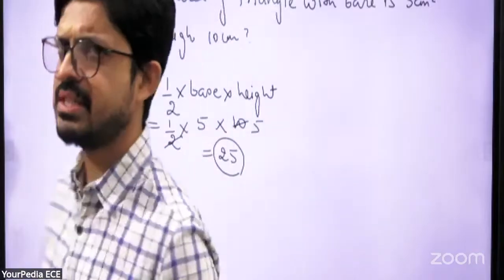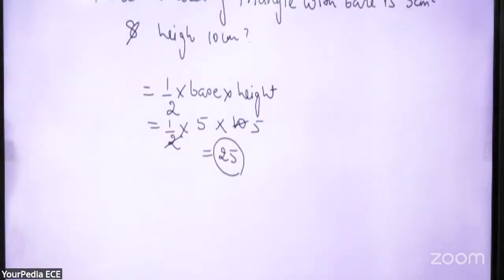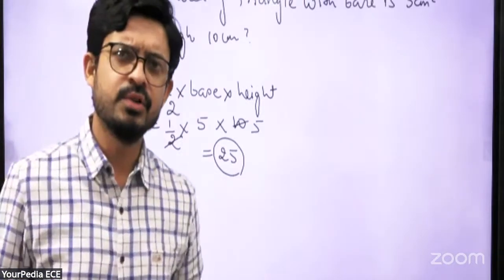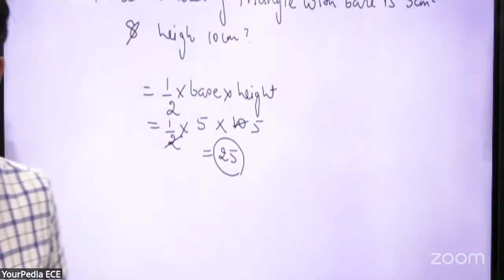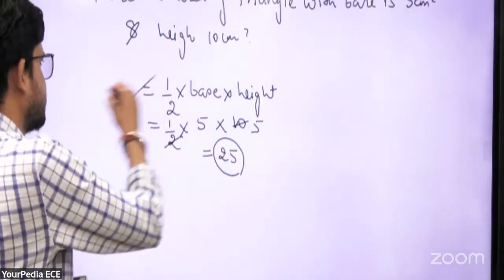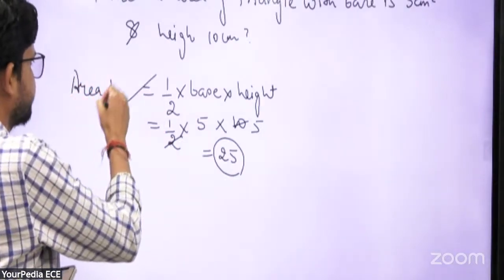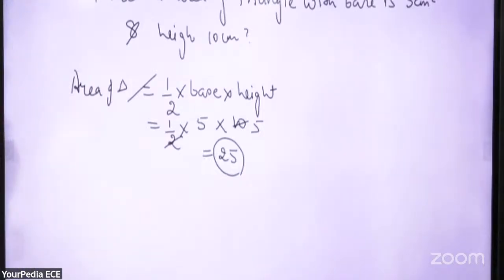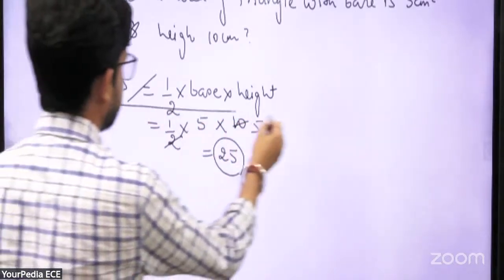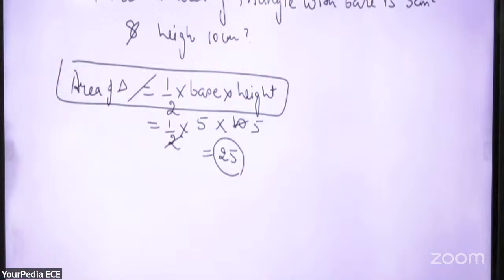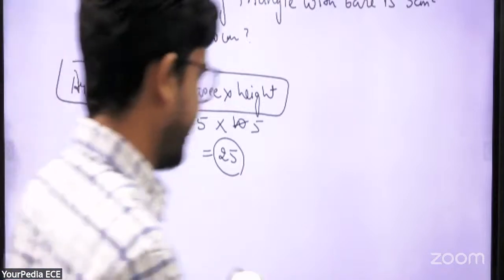These are very basic formulas. He didn't give a question related to the semi-perimeter. We have a semi-perimeter formula for area of triangle also, but he gave a very simple question, area of triangle, 1 by 2 base into height. Very simple formula.